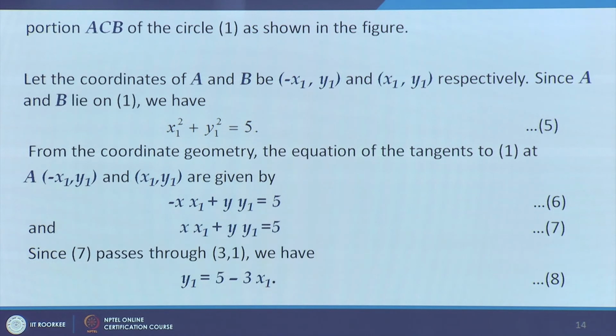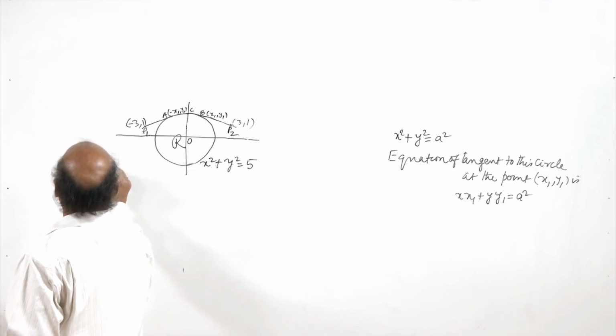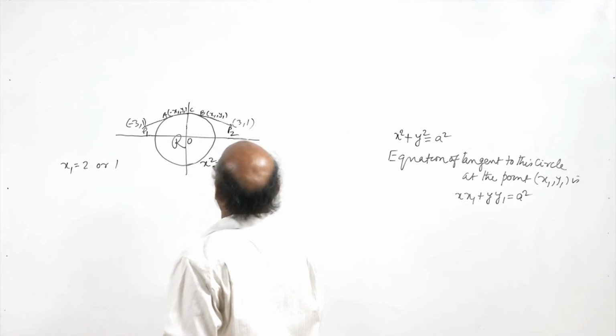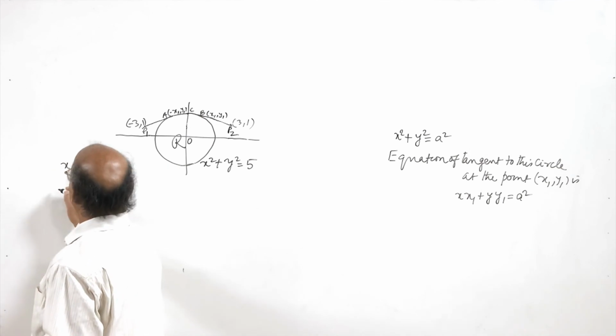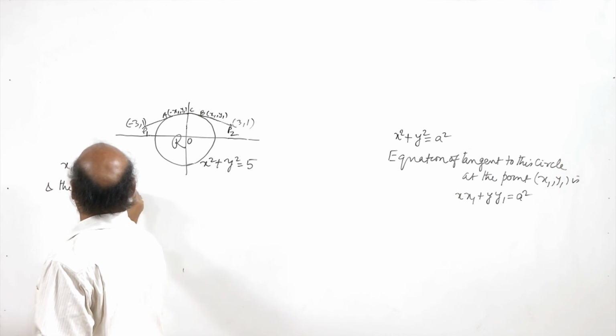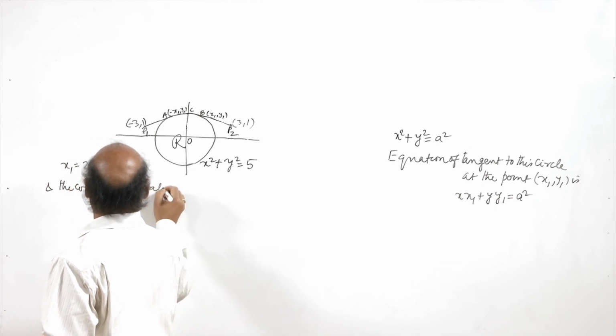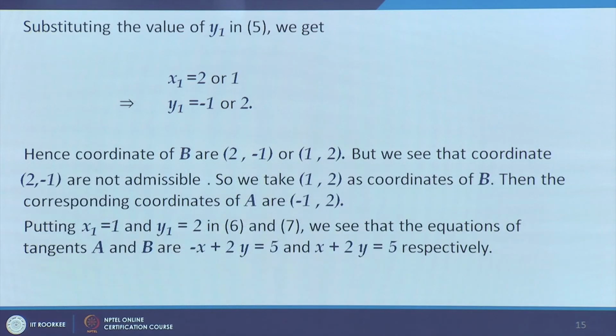Now, y1 equal to 5 minus 3x1 we put in the equation x1 square plus y1 square equal to 5, and then we get two values of x1, they are 2 and 1, and the corresponding values of y1 are minus 1 and 2.